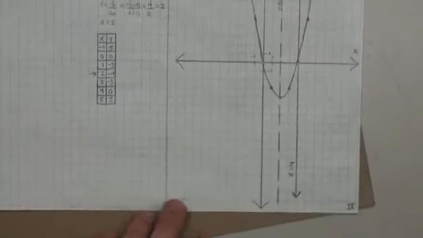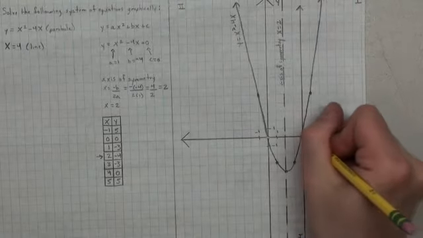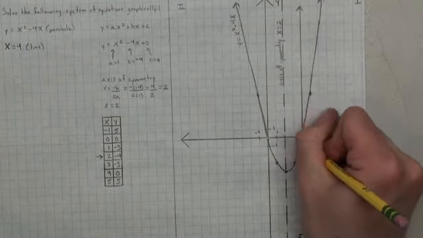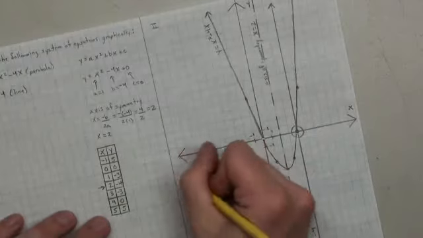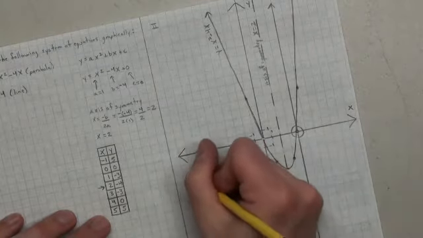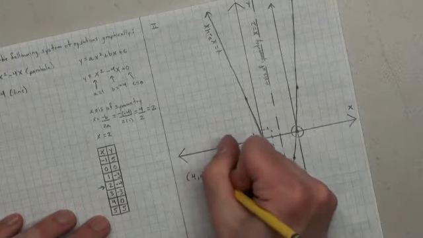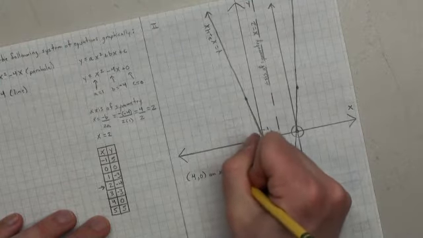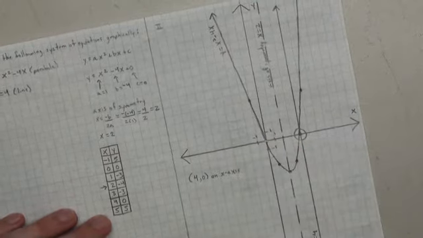So this is the line x equals 4. I labeled my line. Circle my point of intersection. Let's put down our solution, which is 4, 0 on the x-axis.